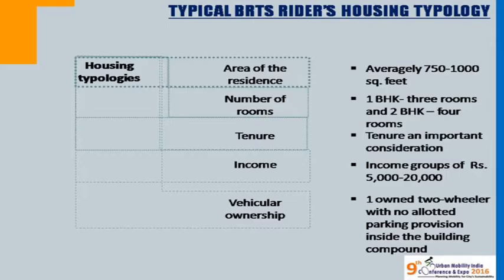And the income groups, as we saw earlier, have small correlations with the housing typologies, with income groups of 5,000 to 20,000 per month, and vehicular ownership, where people did own a two-wheeler, but there was no allotted parking within the premises of the building.